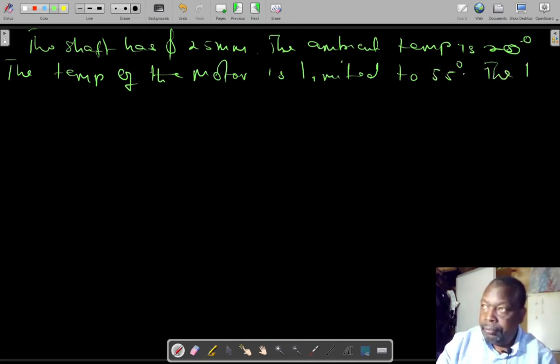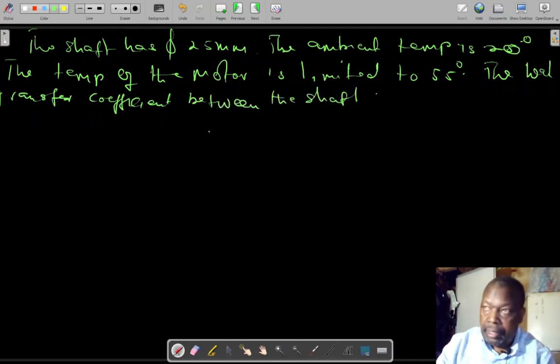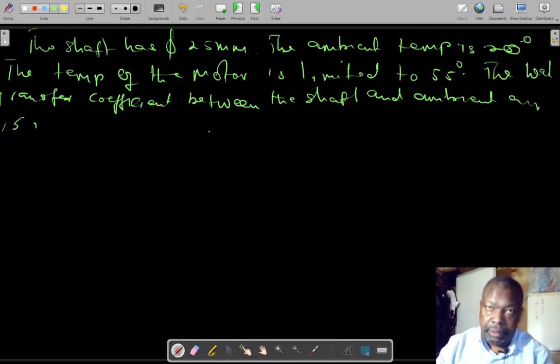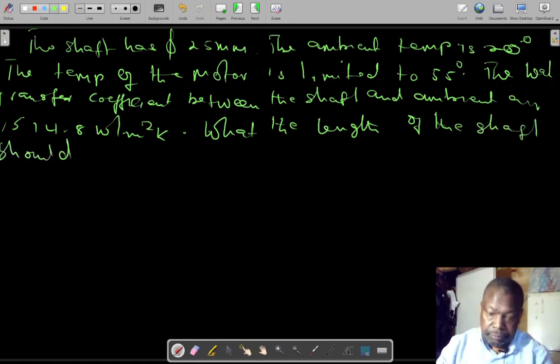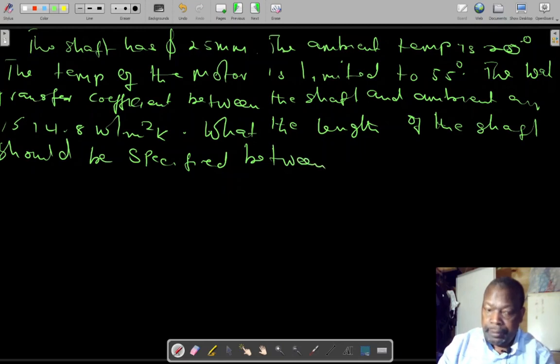The heat transfer coefficient between the shaft and the ambient air is 14.8 watt per meter squared Kelvin. It is required of us to determine the length of the shaft between the motor and the pump.